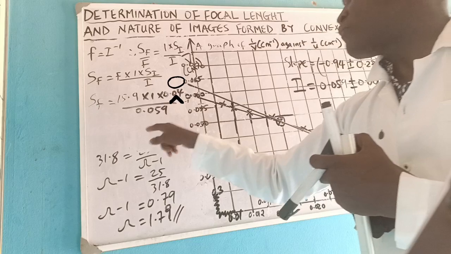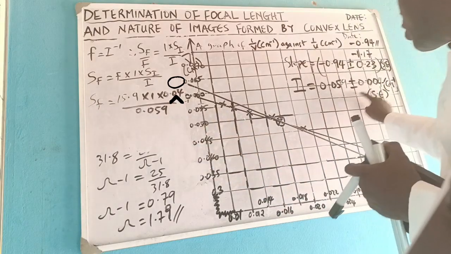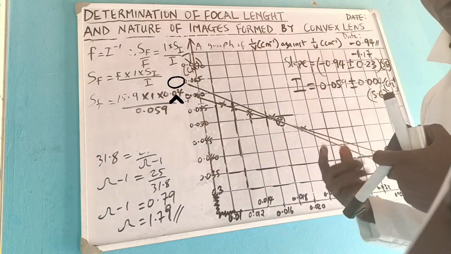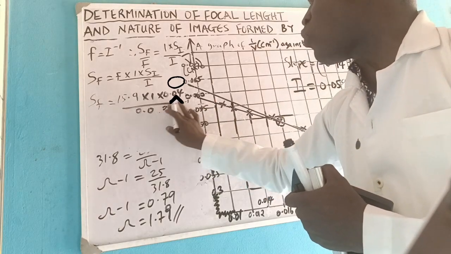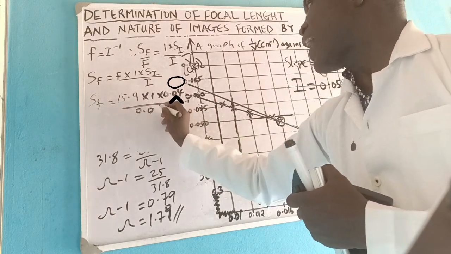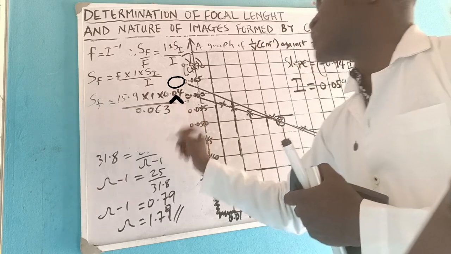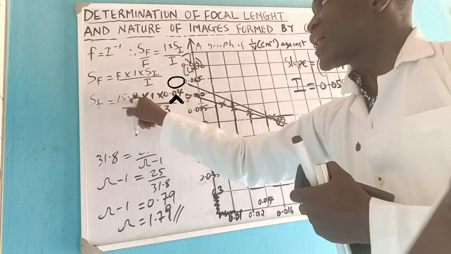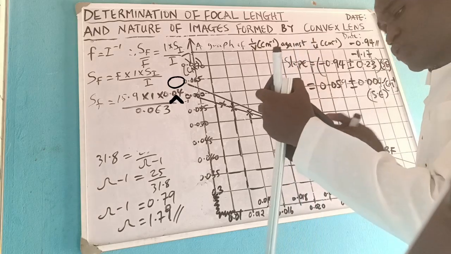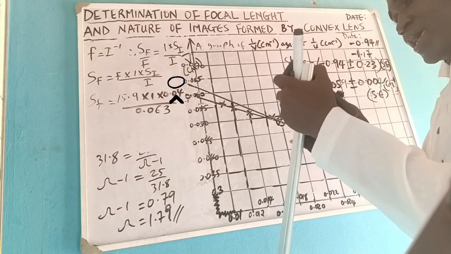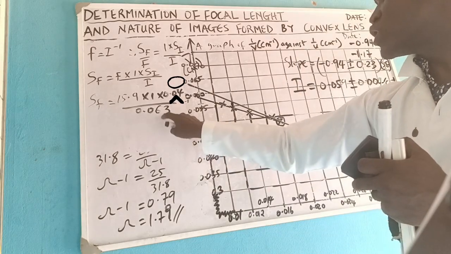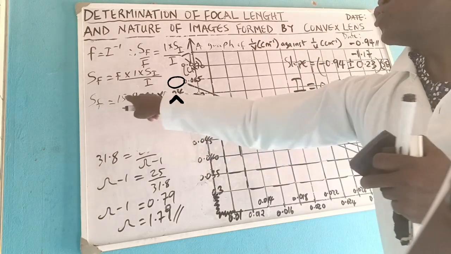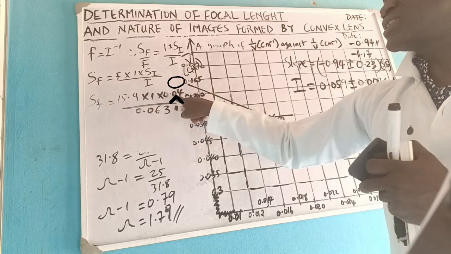We used 0.059 plus 0.004. So instead of writing 0.059, because that is not what you use to get your 15.9, you write 0.063, because this is what we use to get our 15.9. Like we said, 0.063 inverse is 15.9. This is the intercept we use to get our focal length, and this is the error.